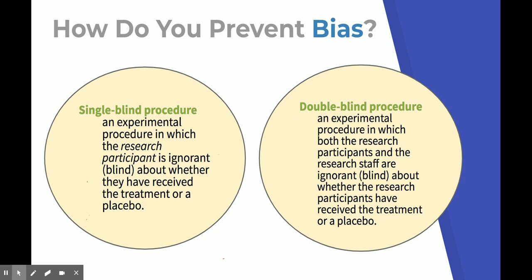If I'm the one administering the vaccine and I knew I was giving you either the real or fake one, I'm a human being. I might have a hard time keeping a straight face. If they ask me, am I getting the real one or the fake one, I might accidentally give it away if I know. So this is a means to prevent bias. If I don't know what I'm giving you, I can't give anything away.